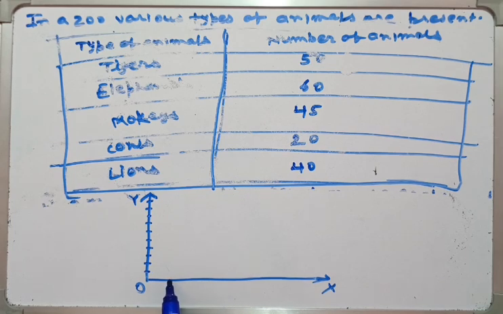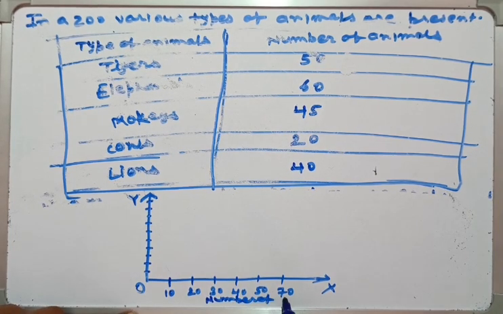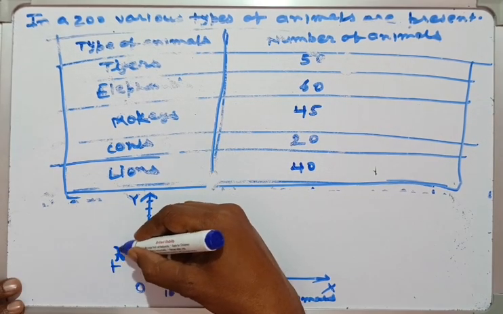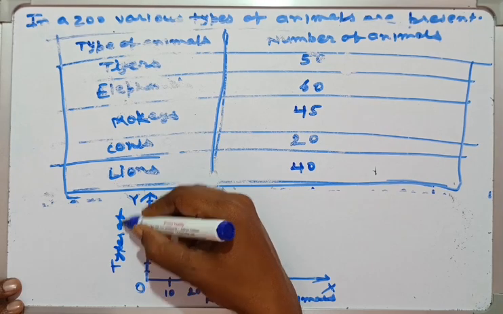Now again see, I represent here 10, then 20, then 30, then 40, then 50, then 70. Now the base will be on the y-axis in the case of a horizontal bar graph. So here you must write the number of animals, and write the types of animal.